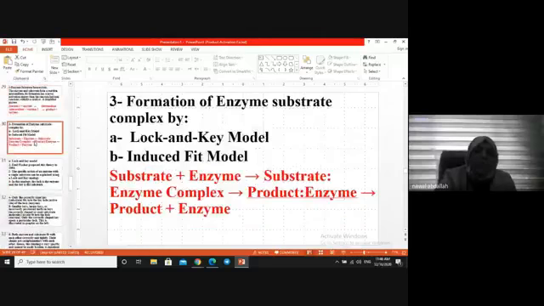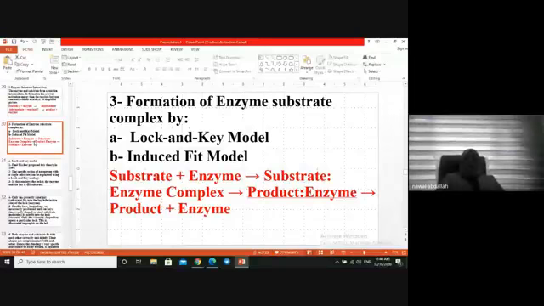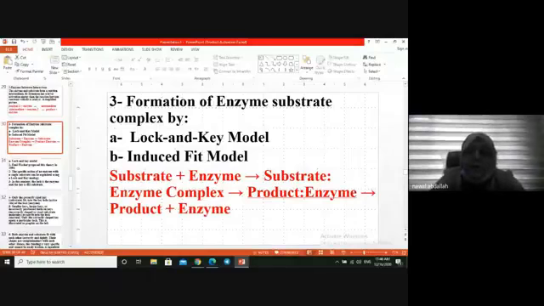Formation of the enzyme substrate complex is done by two models: the lock and key model and the induced fit model. Substrate plus enzyme gives the substrate enzyme complex, then the product enzyme complex, and leads to product plus enzyme.